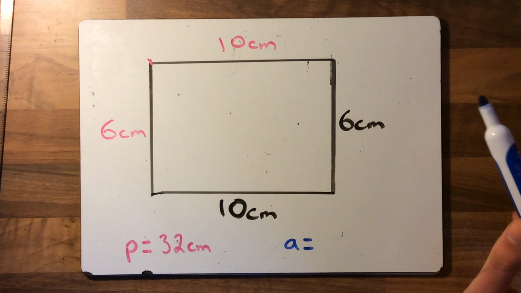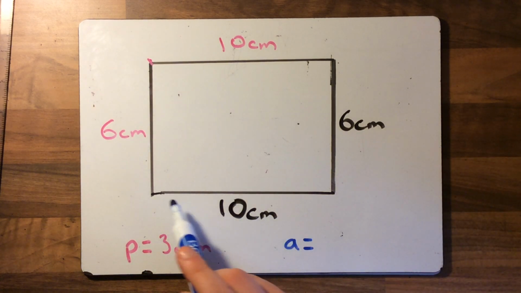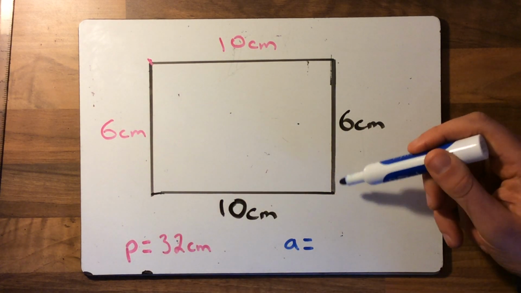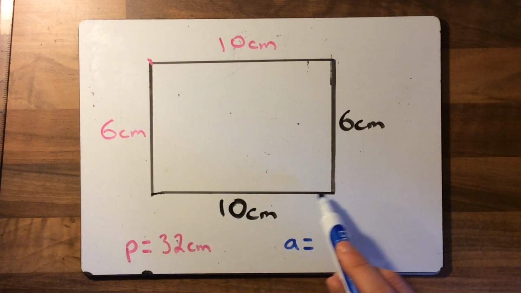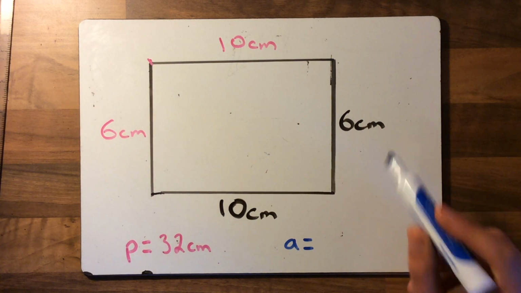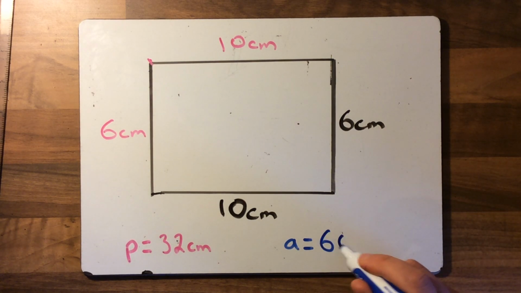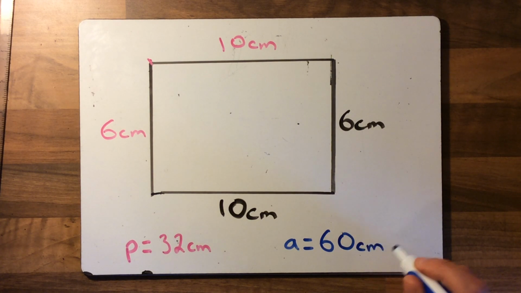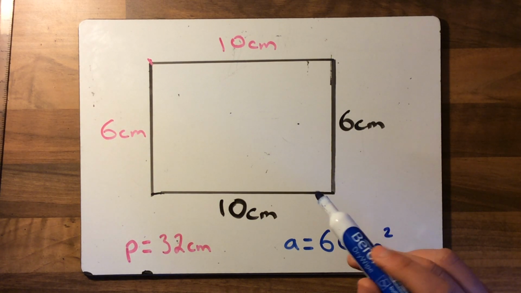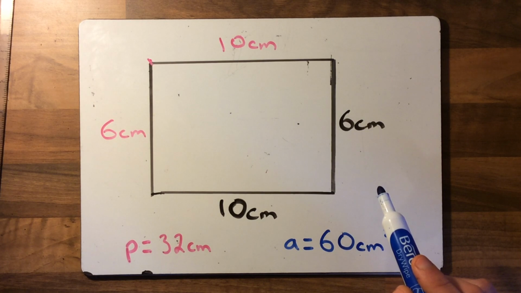There's a far easier way, and that is to multiply the width by the height. 10 times 6. The width is 10, the height is 6. 10 times 6 is 60. The unit of measurement is centimetres. And remember, we write squared because it is the number of squares within this shape.